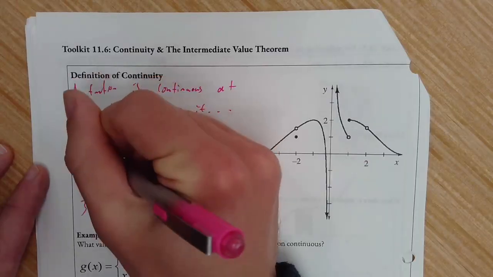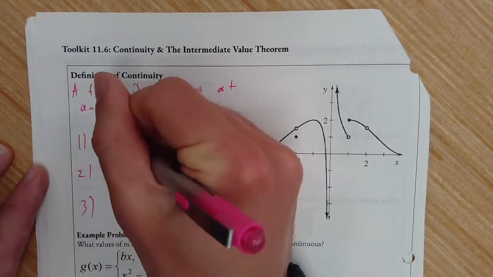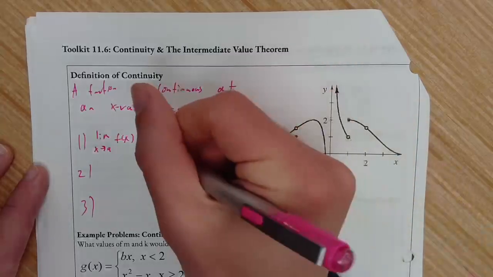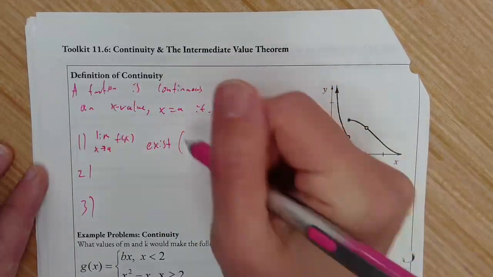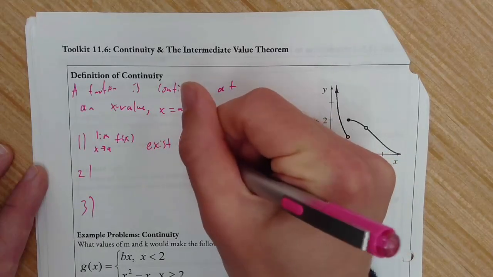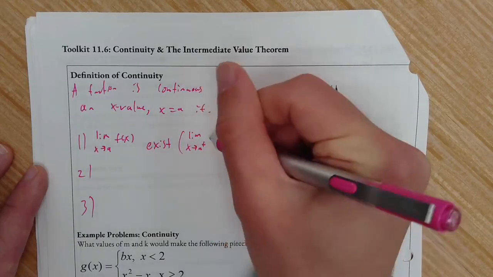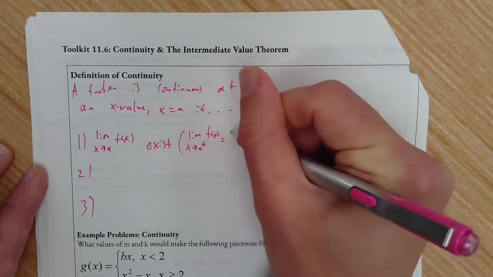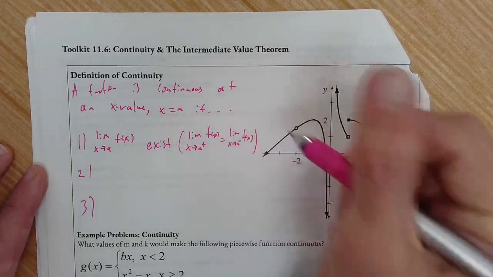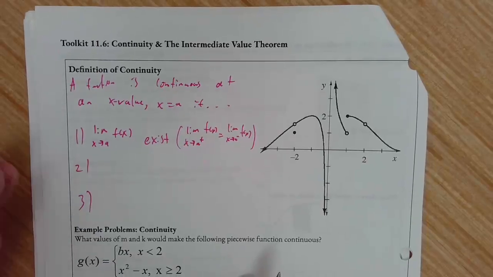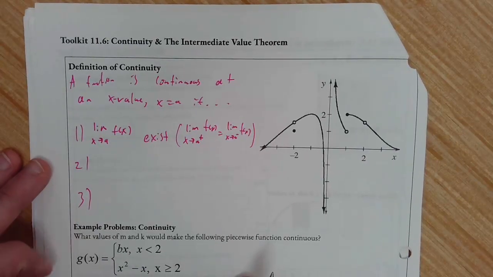So the limit as x approaches a of f of x needs to exist. And remember, we know the limit exists if the limit as x approaches a from the right equals the limit as x approaches a from the left. So the limit needs to be there, it needs to be a value, it needs to exist.